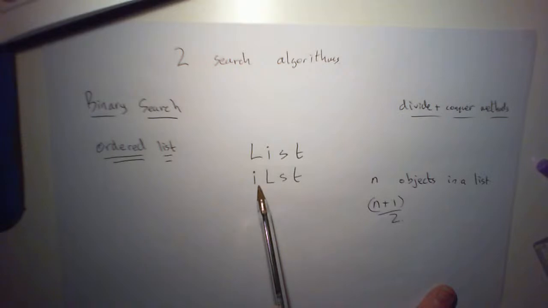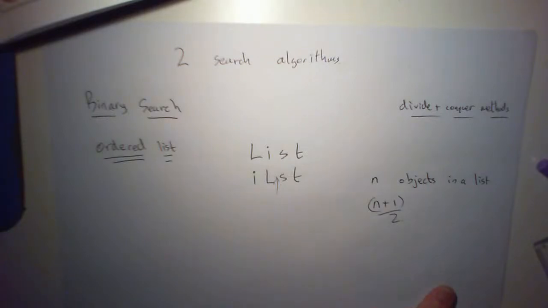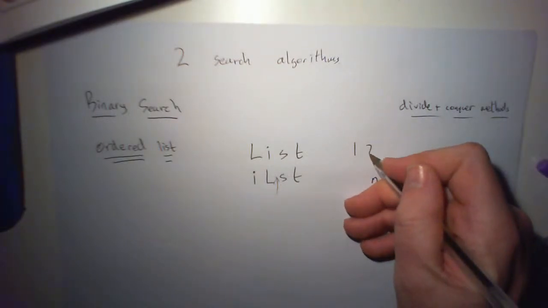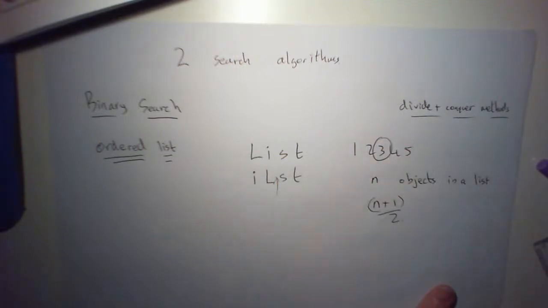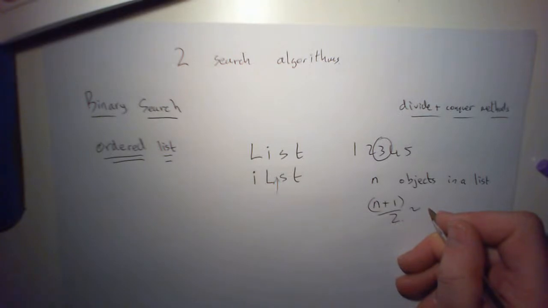As you notice, this is an even list, so the middle term doesn't really exist. In an odd list, 1, 2, 3, 4, 5, the middle term does exist, but in an even list it doesn't. So to counteract that, you go 4 plus 1 is 5, divided by 2 is 2.5. So it's halfway between them, but you round up.